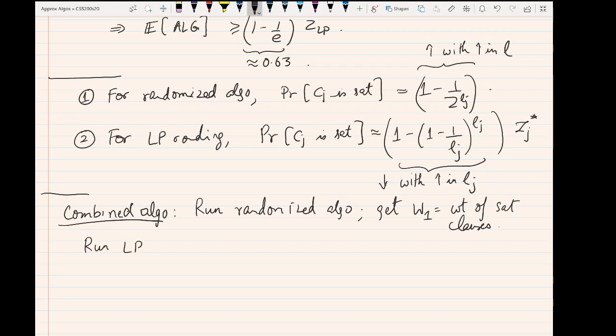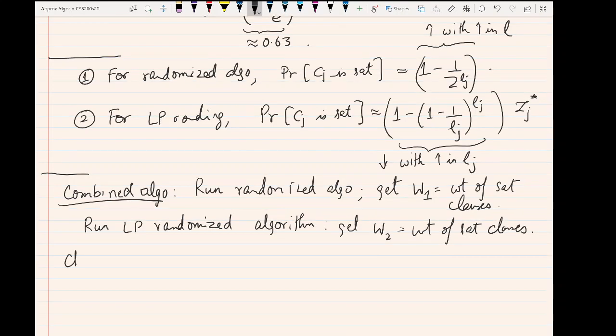We run the LP randomized algorithm and get W2 as the weight of satisfied clauses. And what we do is choose the best assignment out of the above two.